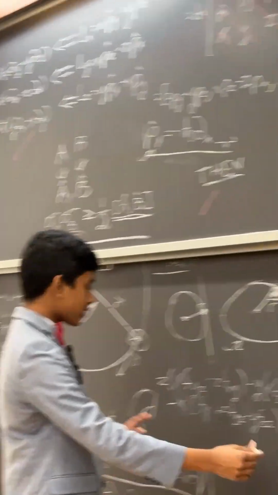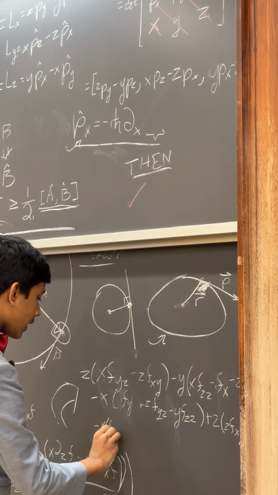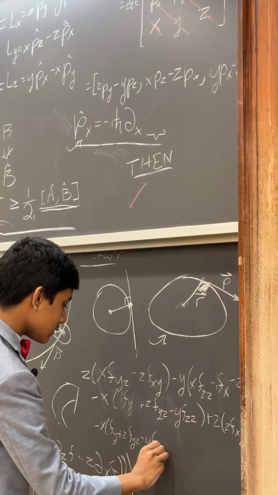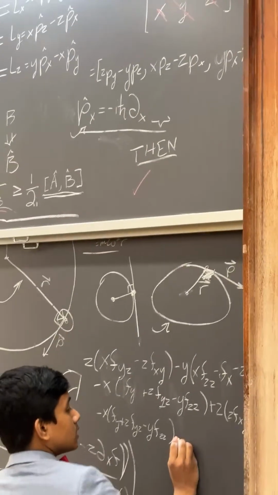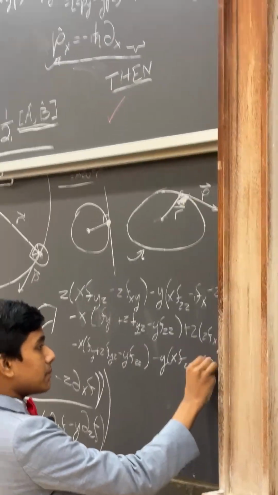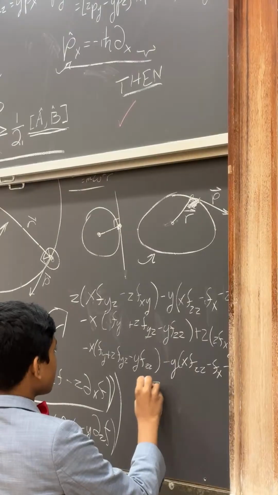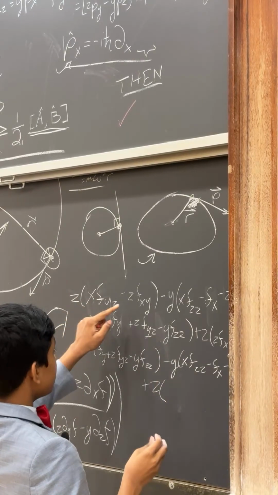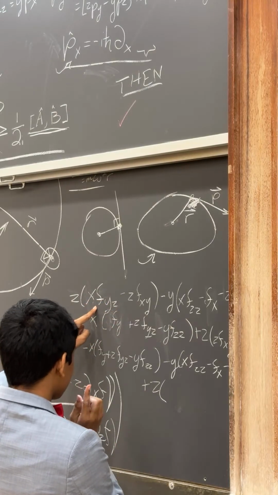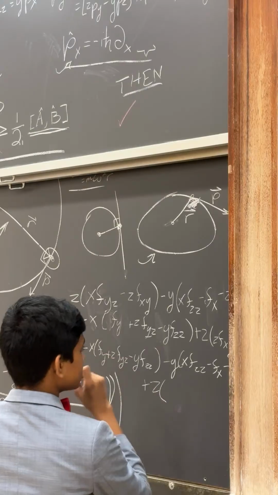So first things first, let's bring all the z terms together. So we're going to get minus x times f_y plus z f_yz minus y f_zz, minus y x f_zz minus f_x minus z f_xz, and then you add the z terms together, and x f_yz, oh sorry, minus z f_xy canceled out with... no. So we have z times, where's the other z term?